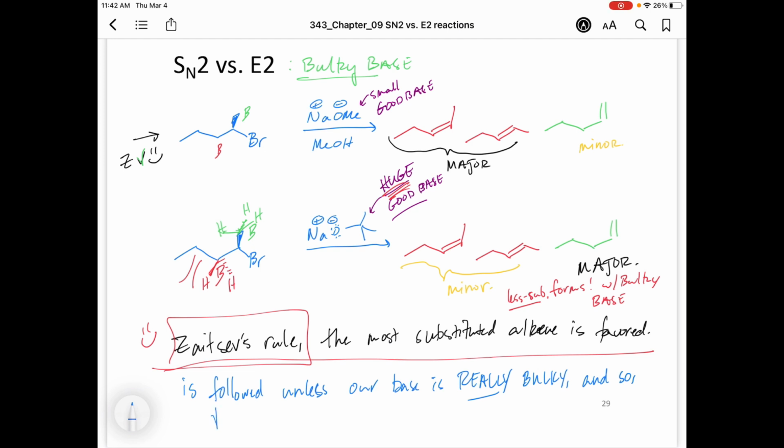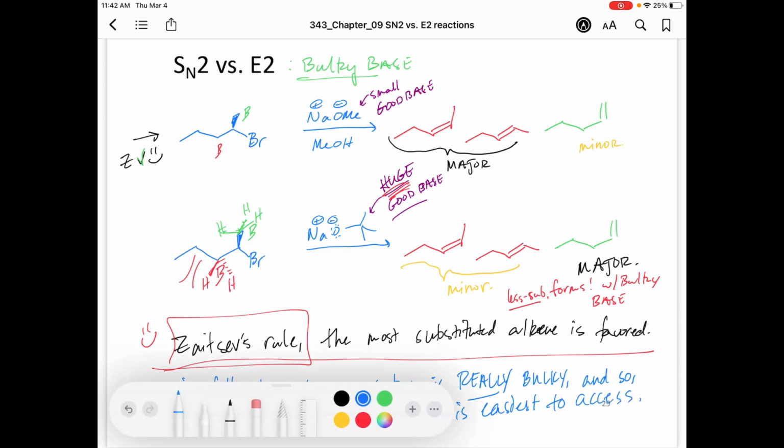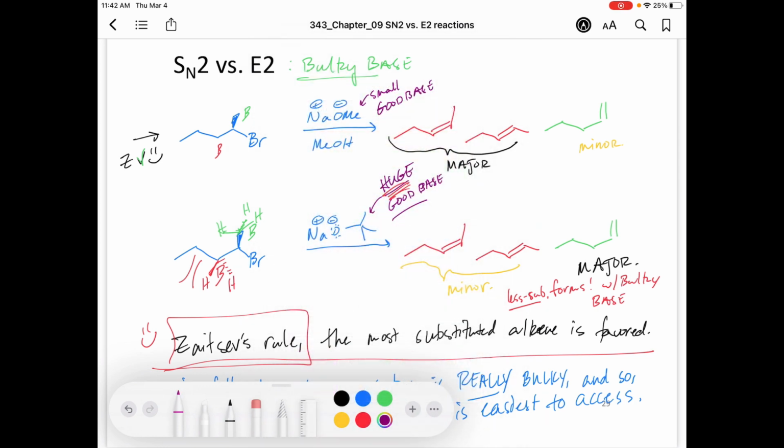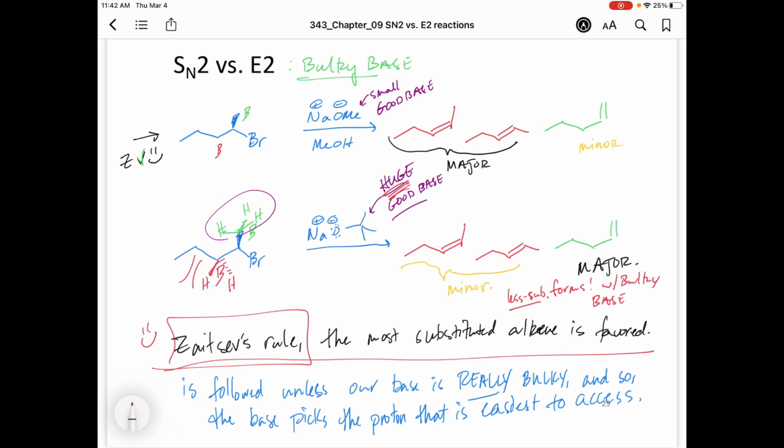And so in this case, the base picks the proton that is easiest to access. So in this case, the major product is coming from the protons that are on this beta carbon here.